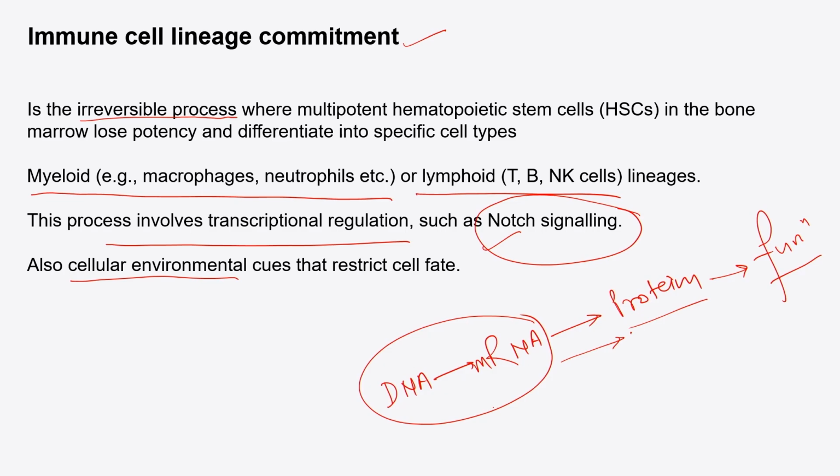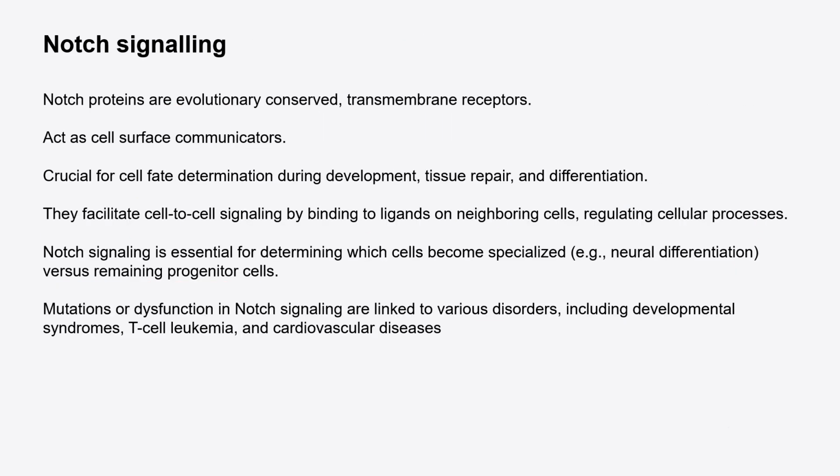Now with this Notch signaling, let's try to look into the complexity of it to some extent, and this will give you an idea of how a single protein can decide the fate of a cell population. So let's try to understand what Notch signaling is. When it comes to signaling, it's a downstream cascade.